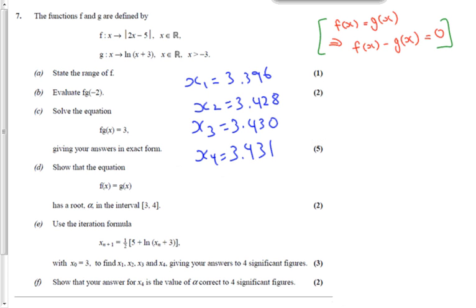In order to show that x4 is the solution, what we do is to show that to 4 significant figures. So let me just highlight, that is the 4th significant figure. Now, what is the upper and lower bound of 3.431 to 4 significant figures?